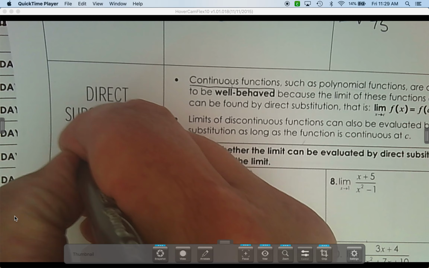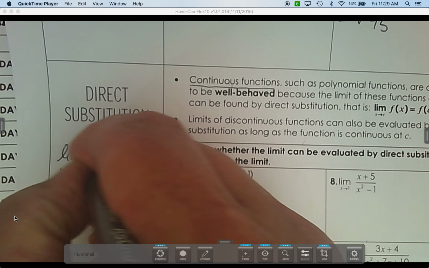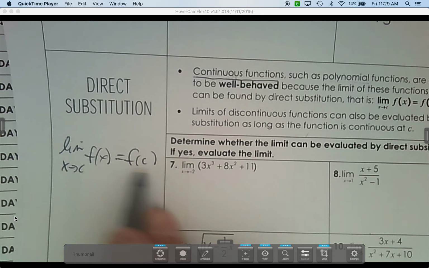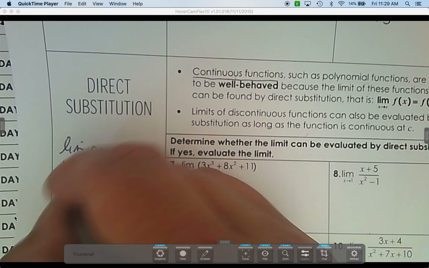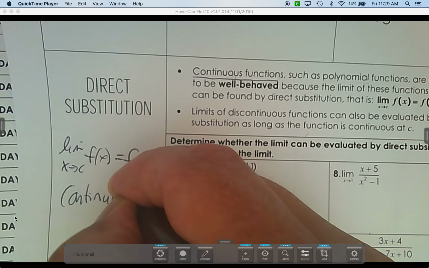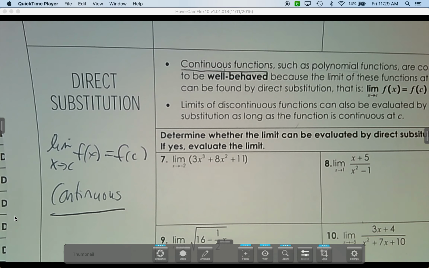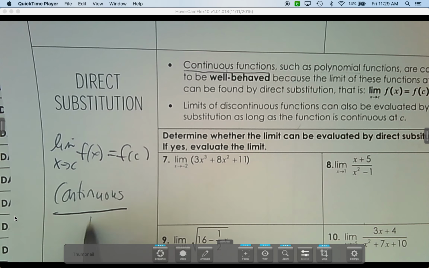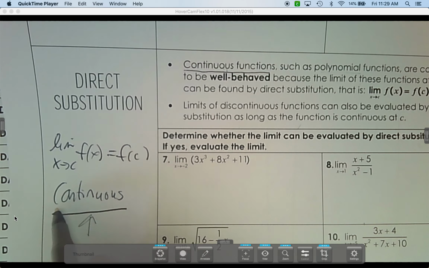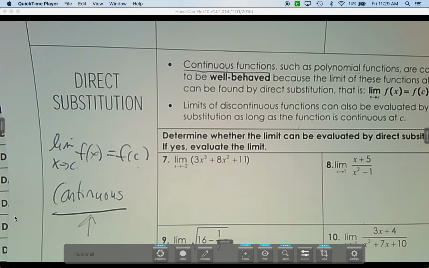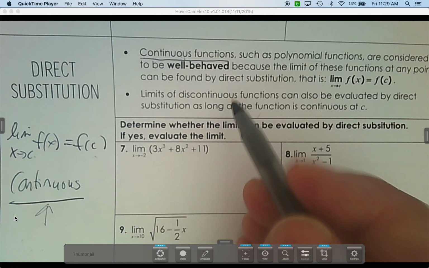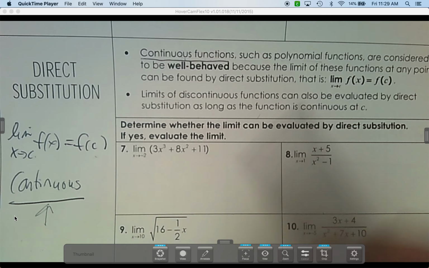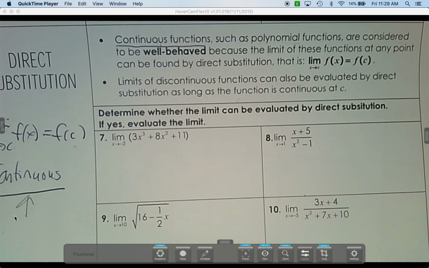So the limit as x approaches c of f of x, if that equals the substitution, if they're equal to each other, then that means it is continuous. They're not always equal to each other, and that would mean that they're not continuous then. But if the limit equals the function value, then it is continuous. If something is not continuous, then either the limit does not exist, or we have to find it a different way algebraically.